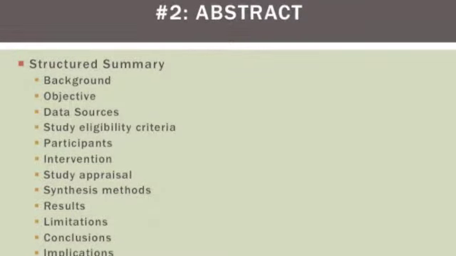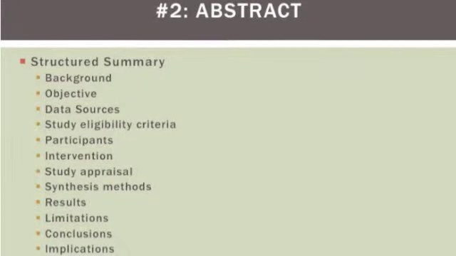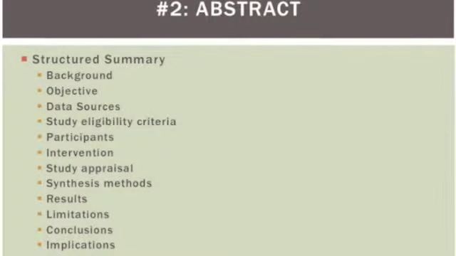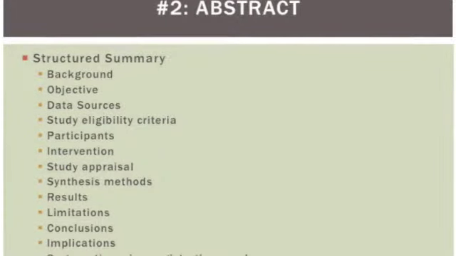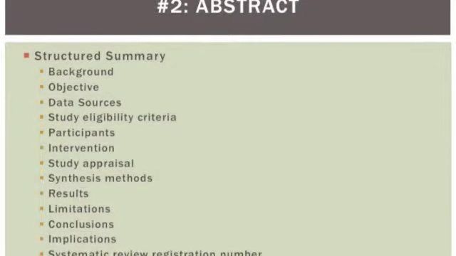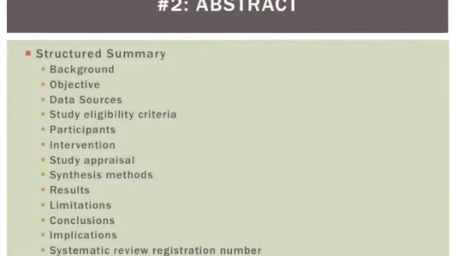Number 2, abstract. The abstract is a structured summary of the background, objective, data sources, study eligibility criteria, participants, interventions, study appraisal, synthesis methods, results, limitations, conclusions, implications, and may also include the systematic review registration number.